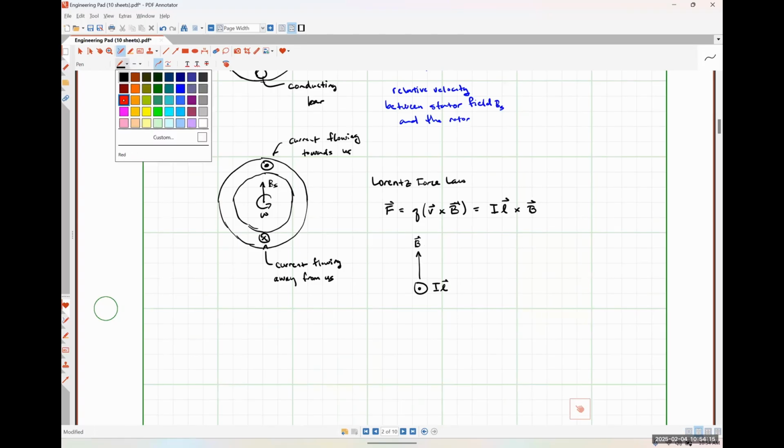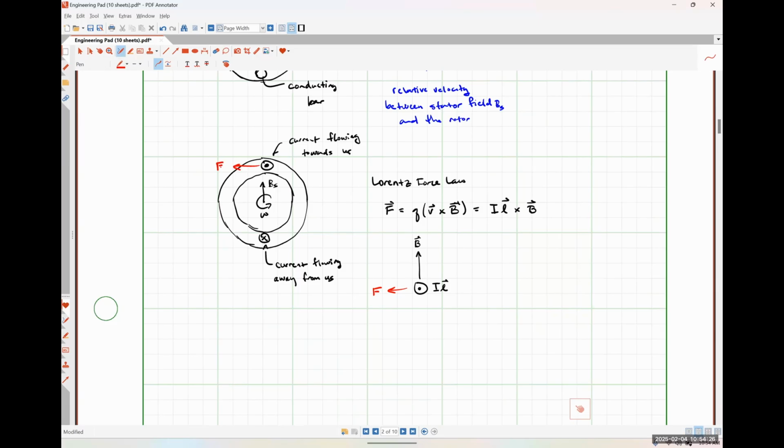So my Lorentz force F is going to be acting to the left. I'm going to draw a little arrow here with an F like that. So that's the force that's acting on that particular conductor.